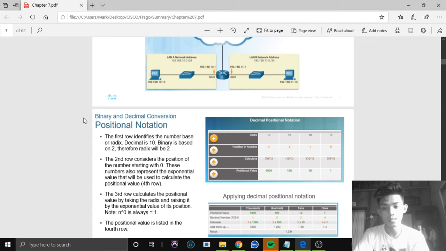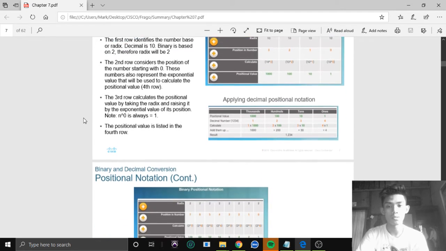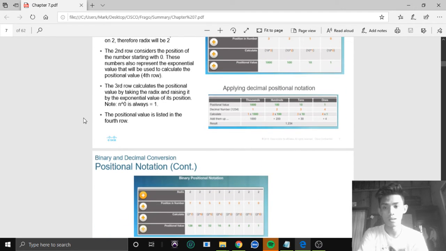Decimal is 10. Binary is based on 2, therefore the radix will be 2. The second row considers the position of the number, starting with 0. These numbers also represent the exponential value that will be used to calculate the position value.